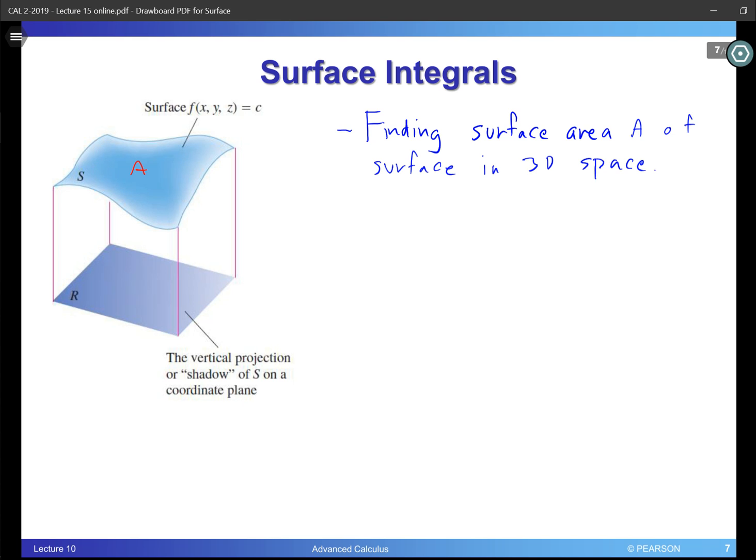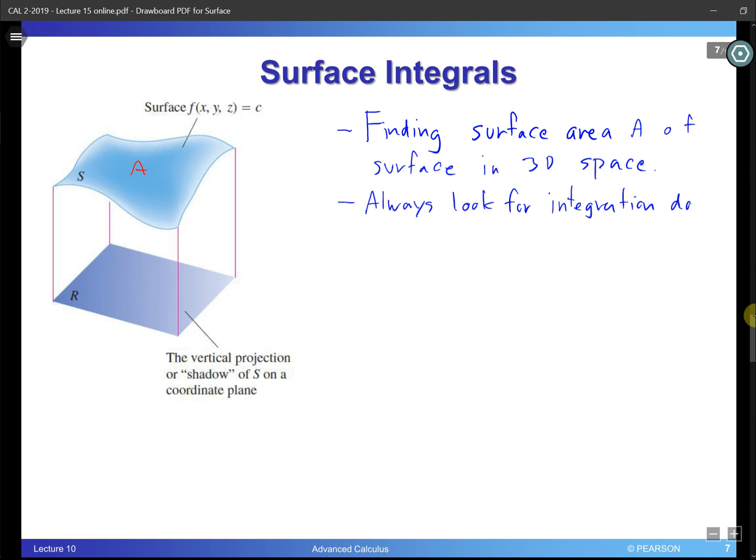The next thing you need to know about the surface integral is that you always have to look for the integration domain. The symbol for this integration domain is R. So when it comes to finding this area, you always look for this R. What is this R?